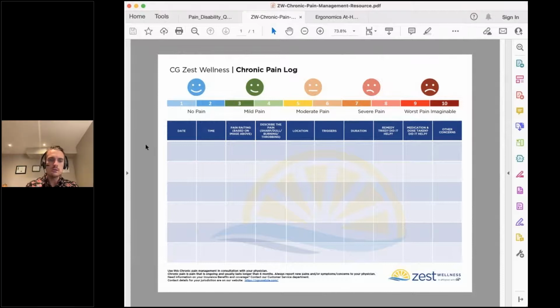Is it no pain, mild pain, moderate pain, severe pain, or is it the worst pain imaginable? And maybe this is a weekly pain log, a daily pain log. Each person is different, but we're really trying to put some documentation around our pain as a useful resource for us. We're doing what we can, our self-management of the pain. So I'm going to go back to the presentation here.